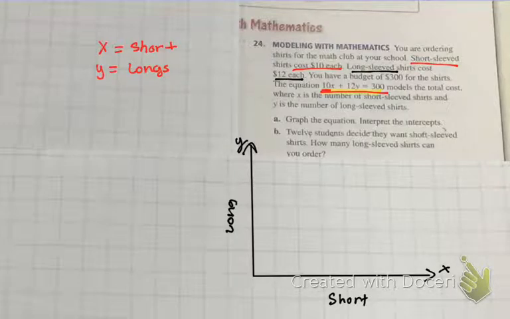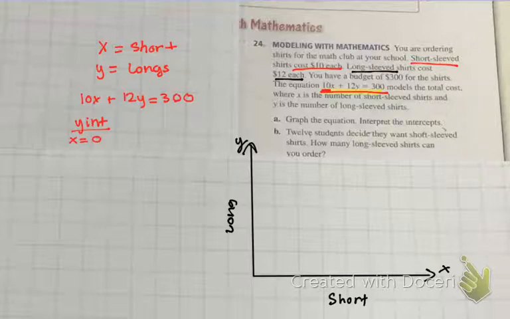Now, since this equation is in standard form, the easiest way to deal with standard form is to graph using intercepts. To graph using intercepts means use your zeros. Do you want to do the x-intercept first or the y? Okay, for the y-intercept, what do I set equal to 0? x.